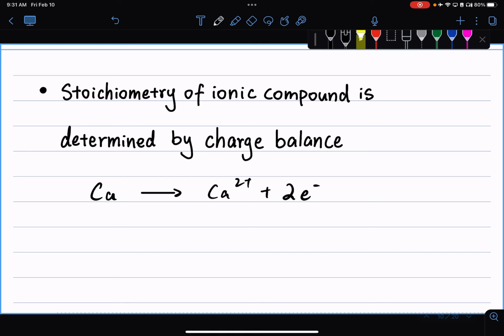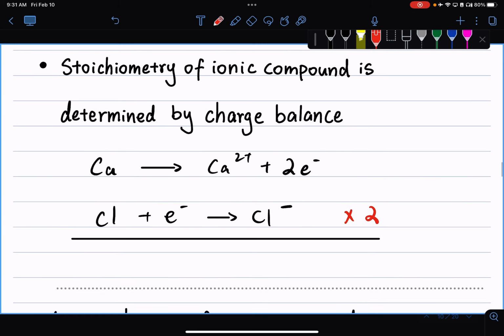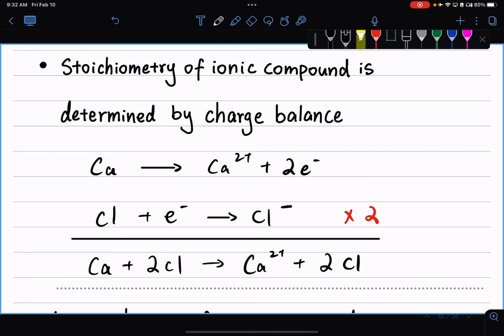Again, using chlorine as an example, it wants to gain 1 electron to get chloride minus. And you want to balance the electrons here. So for each calcium to form calcium 2+, you need 2 chlorine. So the total equation is calcium plus 2 chlorine goes to calcium 2+ plus 2 chloride minus.